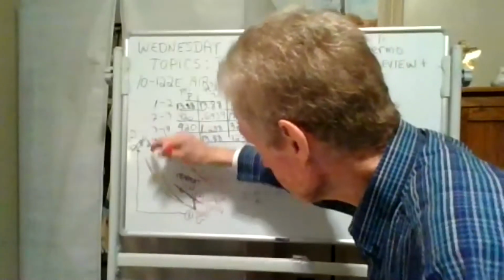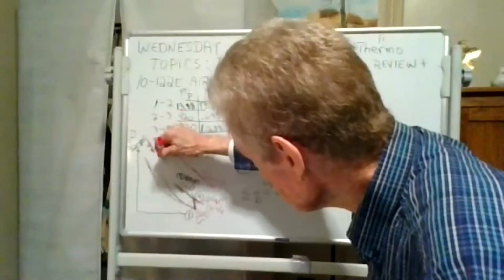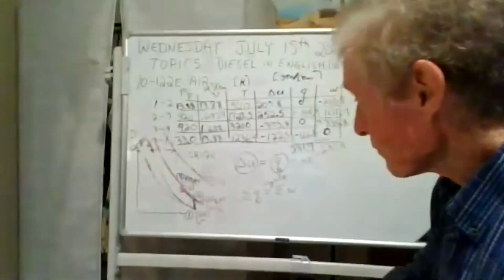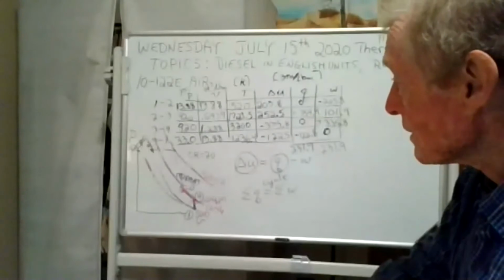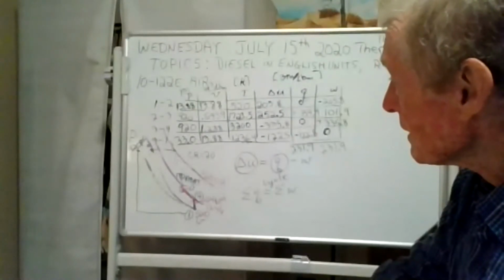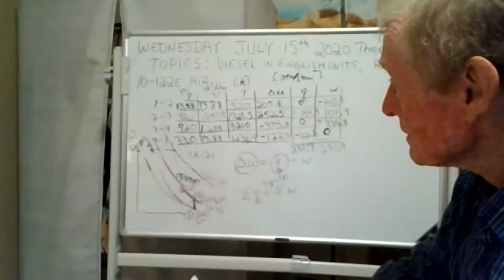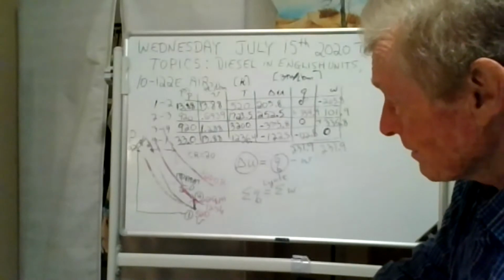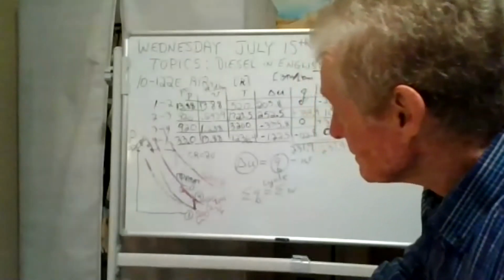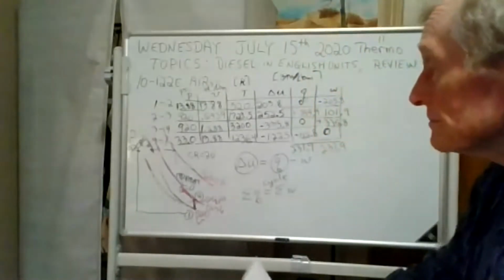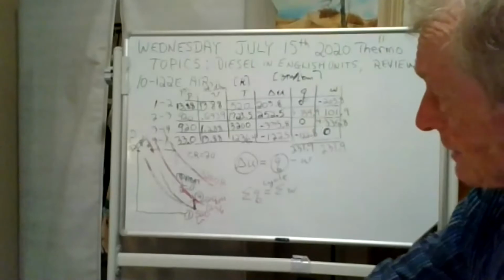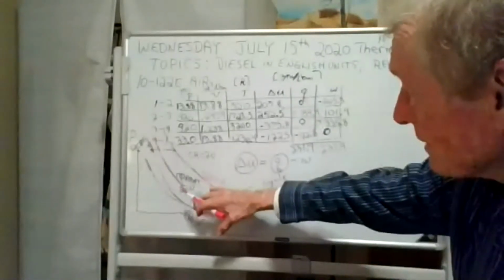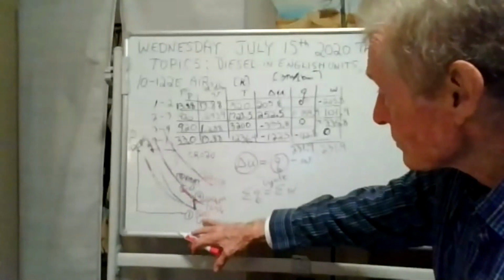Here's state 4. State 4 is the 1236. And no, that's still not right. The hottest is the 3200. Okay, I got that. The coolest is the 520.